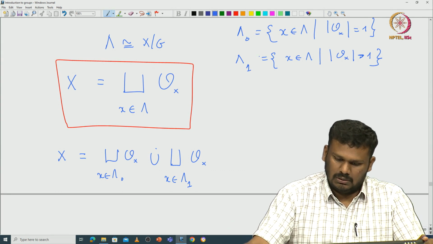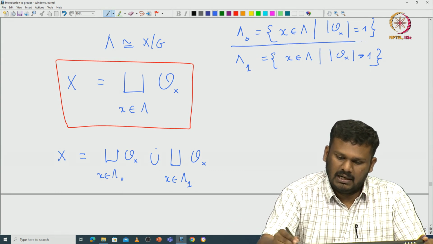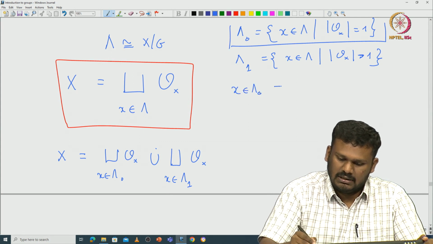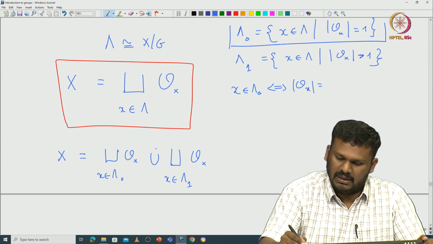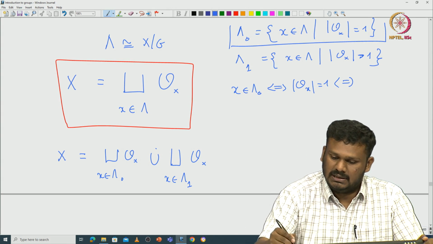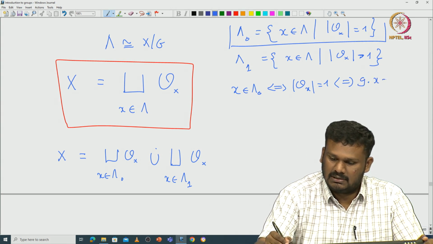Now if you take an element coming from lambda naught, this holds if and only if the orbit has just one element, if and only if all the elements g of capital G fix this x.